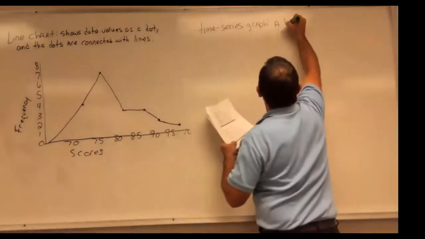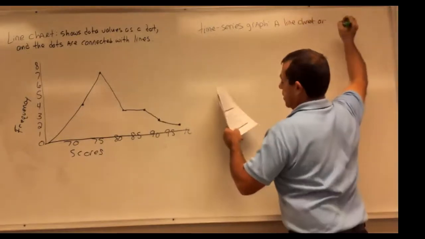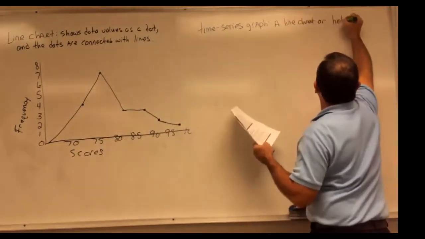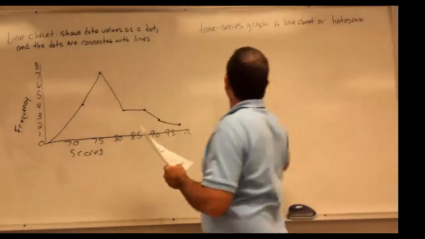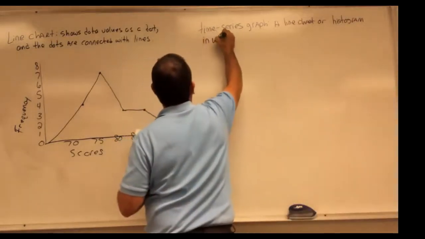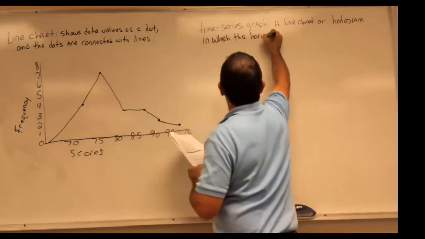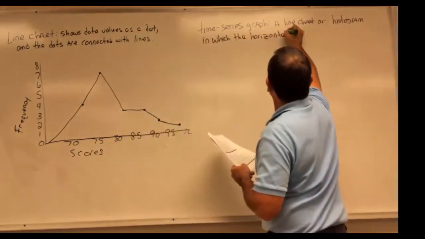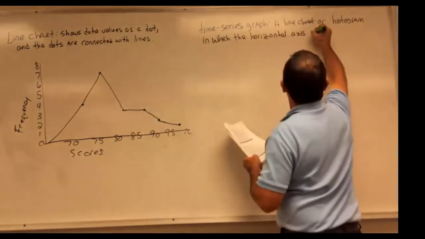So a line chart or histogram in which the horizontal axis represents time.